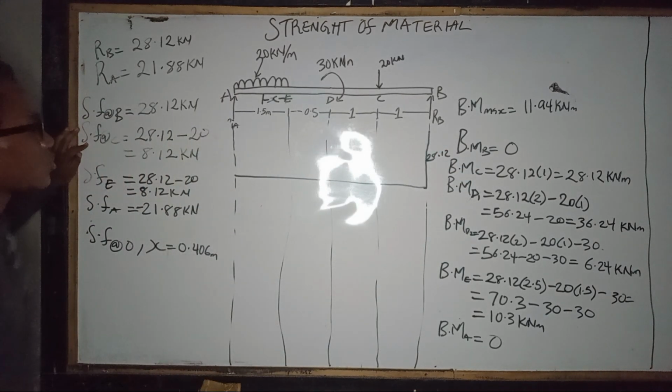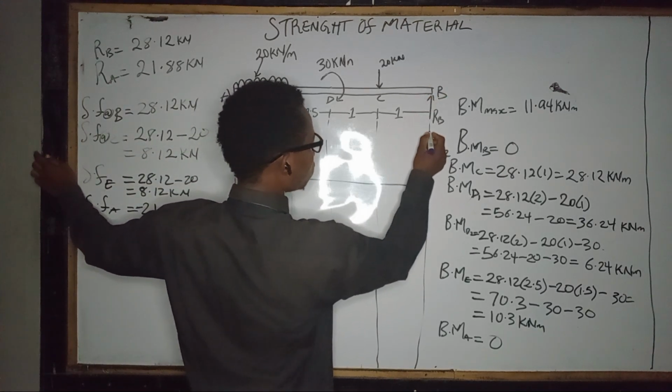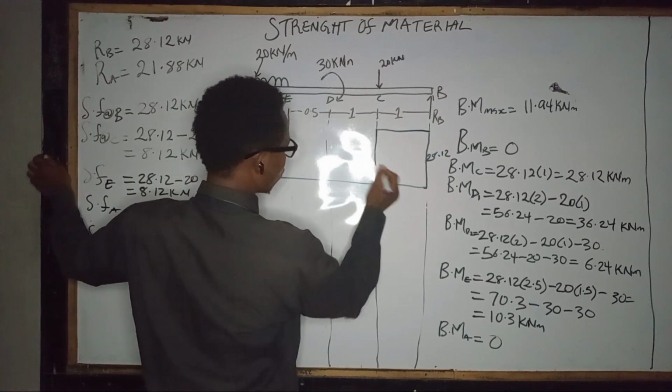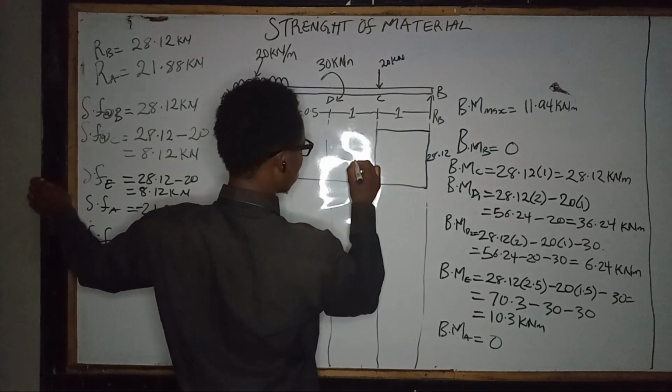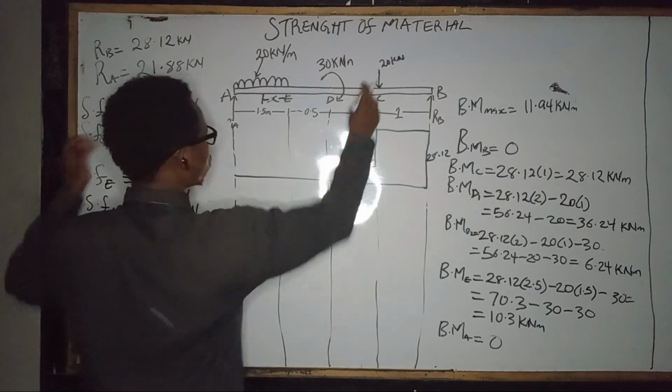Then our shearing force at C here is 8.12. Since this is a point load, it will be a straight line graph. Then we'll take it down to 8.12. Here we have it as 8.12, and this is also a point load.